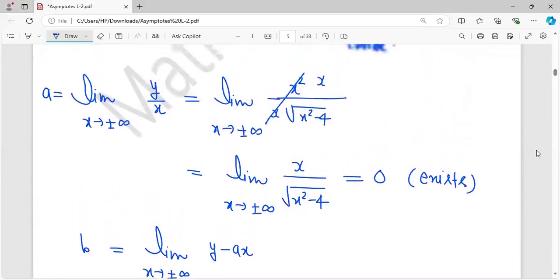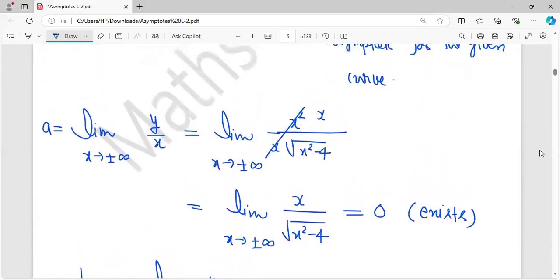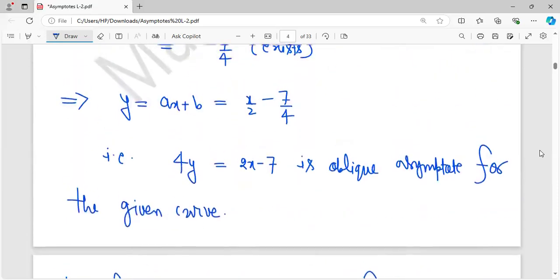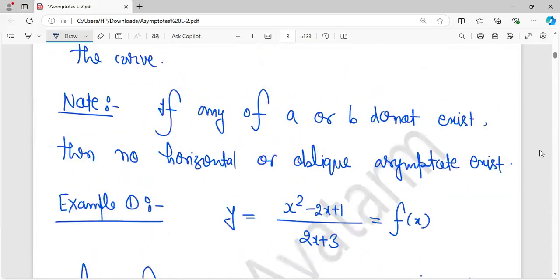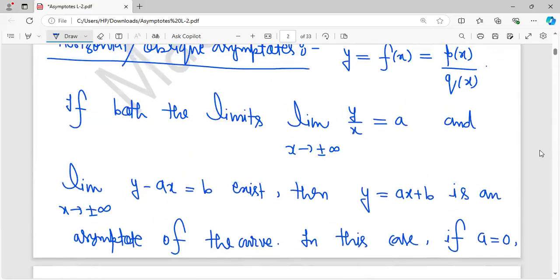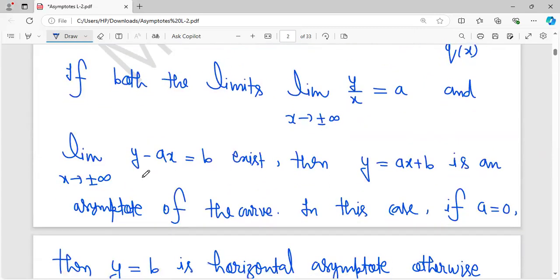So we need to calculate. You see that in the first example, we have to calculate these two limits separately, and we have to say that y = ax + b is an asymptote.